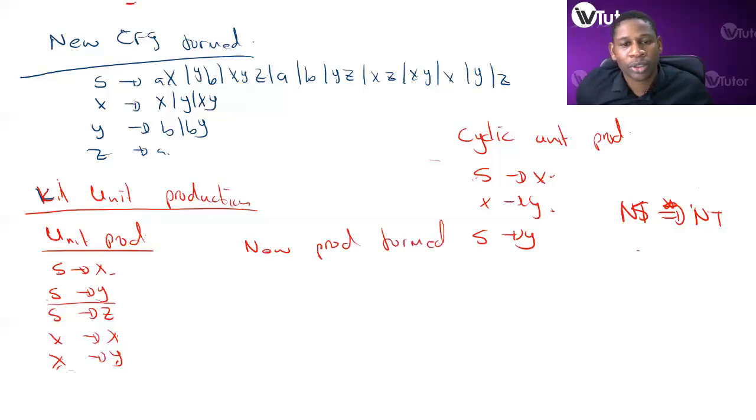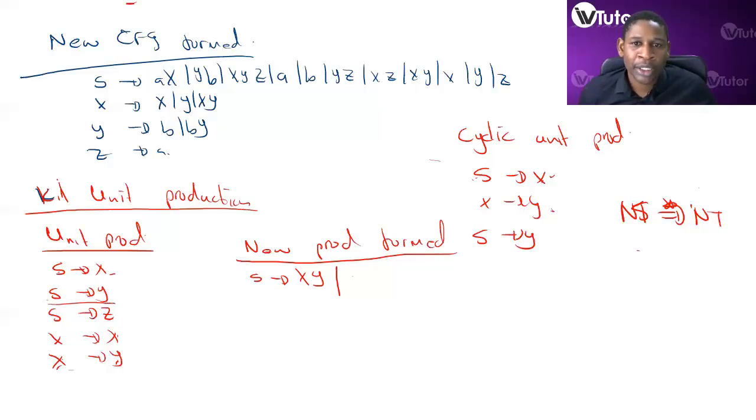So the new productions formed are going to be as follows. Number one, we've got S going to X. If S goes to X, which means S goes to XY. Right? Then if S goes to Y, then we're going to have S going to B and BY.